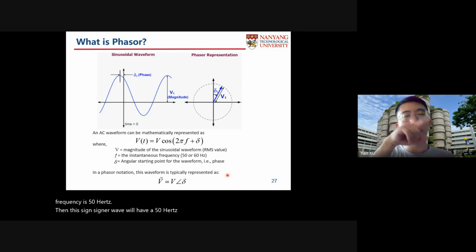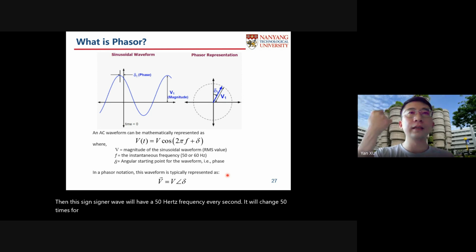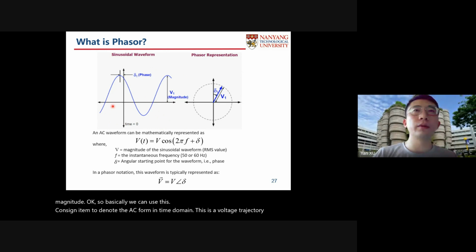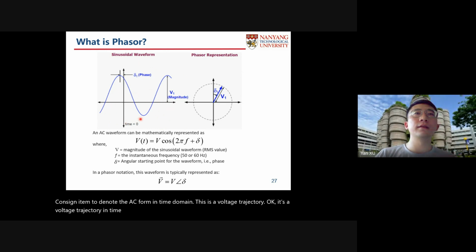Every second, it will change its direction and magnitude 50 times. So basically, we can use this cosine item to denote the AC form. In the time domain, this is a voltage trajectory, shown in the left figure.